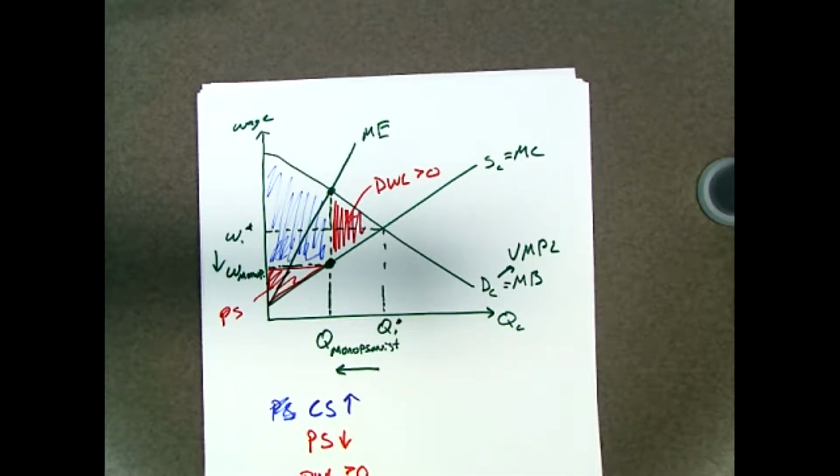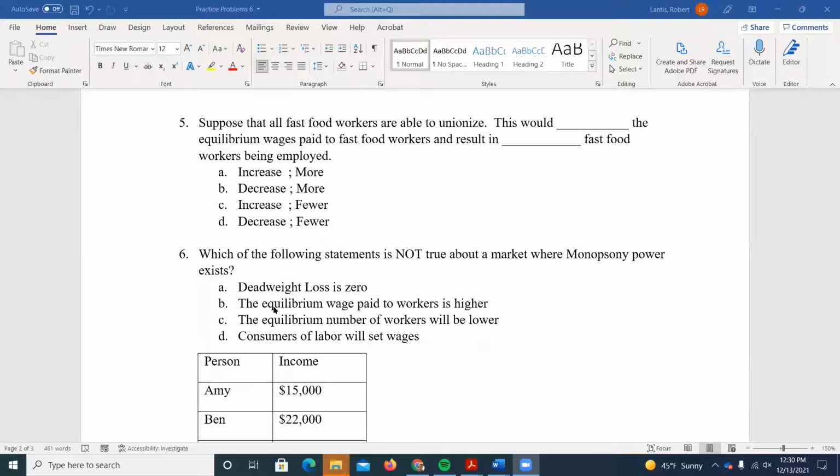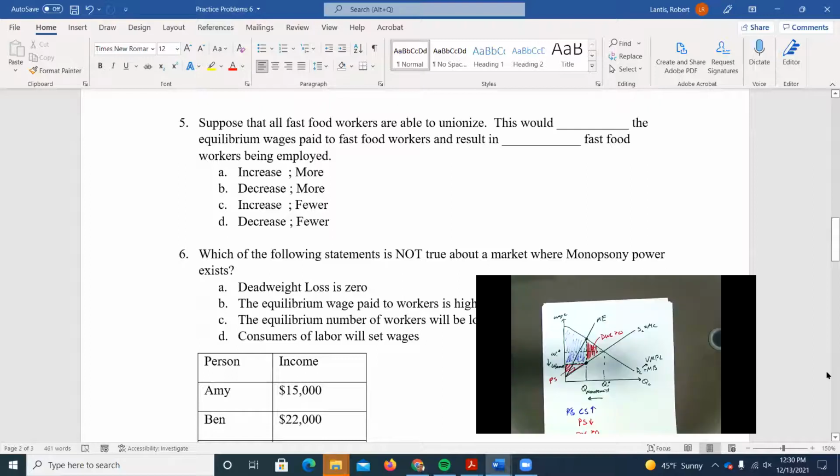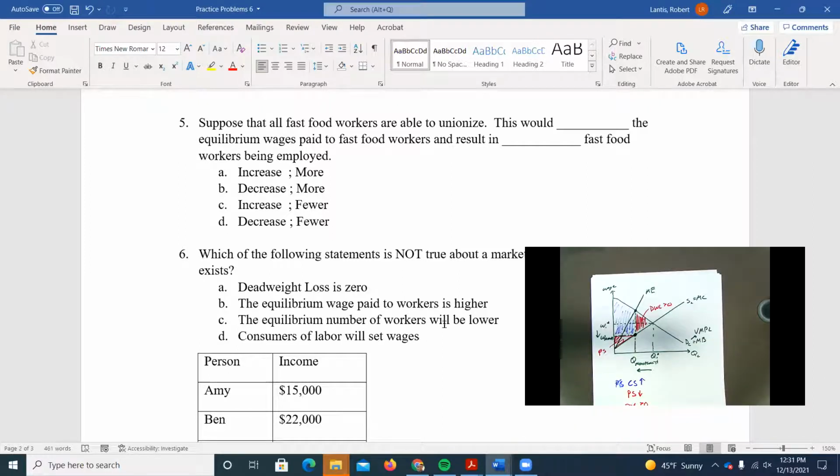So there, I probably went through more, right? But if we have monopsony power, we're going to have some deadweight loss. So deadweight loss can't be zero. So that can't be true. The equilibrium wage paid to workers is higher. That's not going to be true. We said it was going to be lower here. The equilibrium number of workers will be lower.